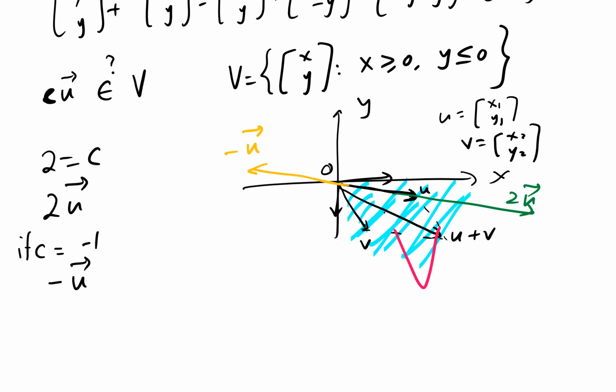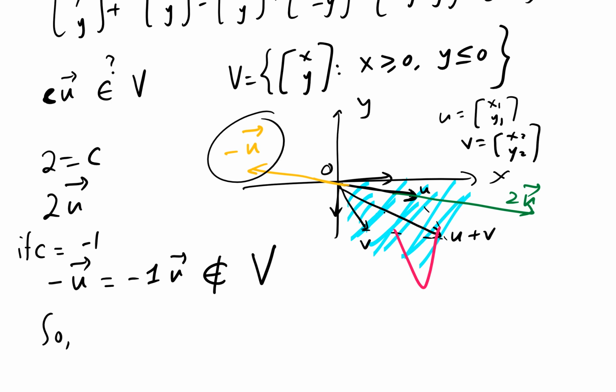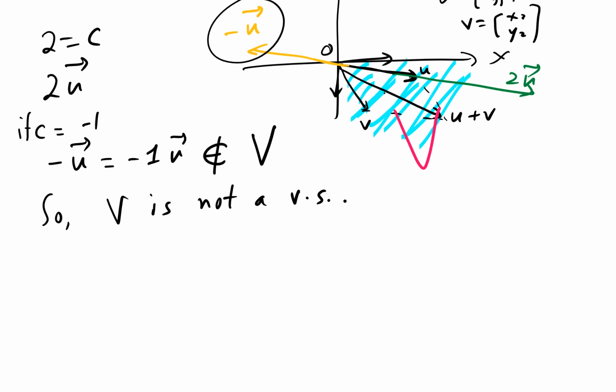But after we did the negative u, it went to a different direction somewhere else. So this is -1u, or negative u. This is not in V. So since one of the axioms failed, V is not a vector space. I'm going to write VS for vector space. Then you don't have to check the other ones.